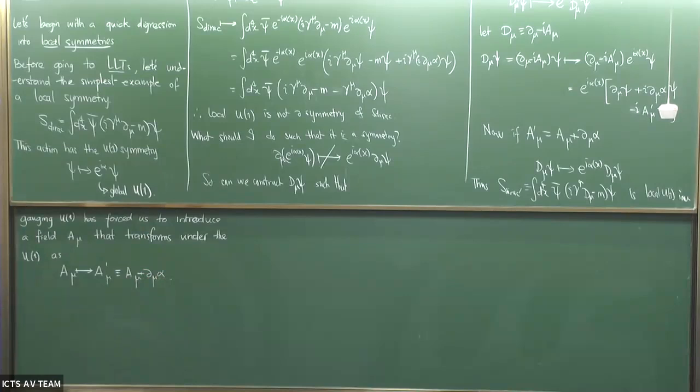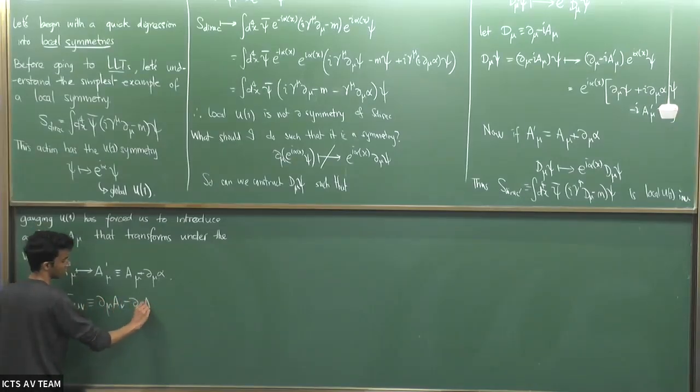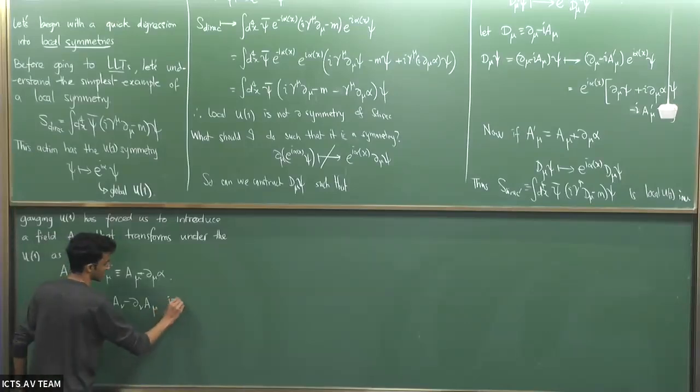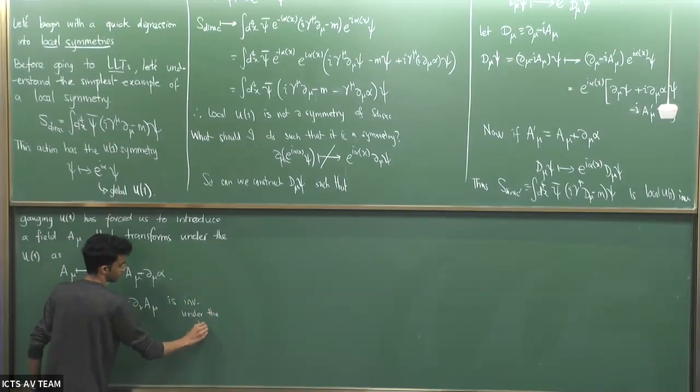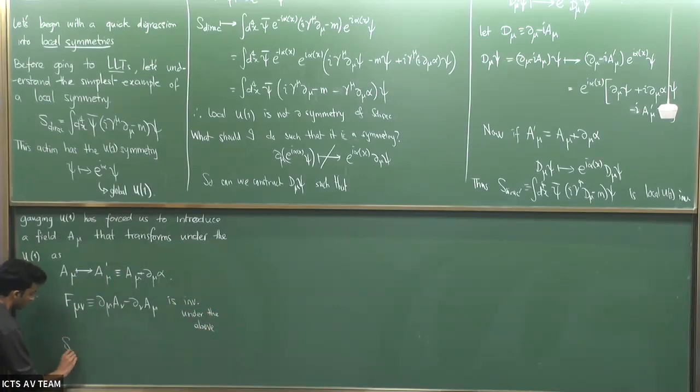Okay. Now for this field, I have to write down an action. And that action should be invariant under this transformation. What is a combination that's invariant under this transformation? F mu nu, defined as del mu A nu minus del nu A mu, is invariant under this. So the simplest action I can write down for this field will be F mu nu F mu nu.